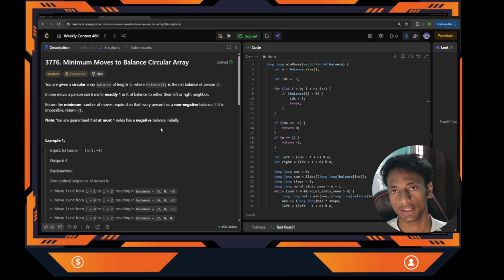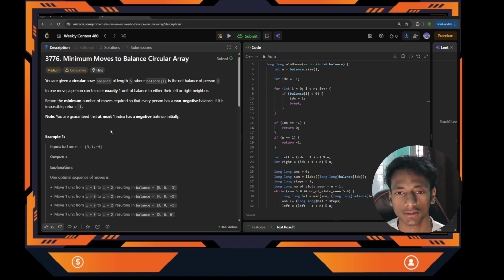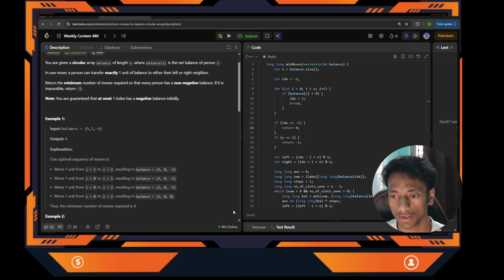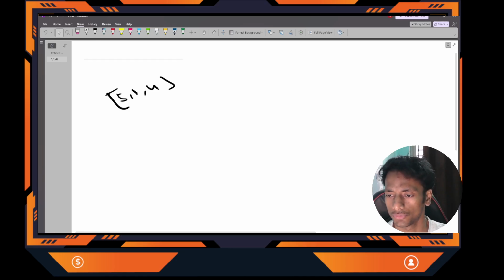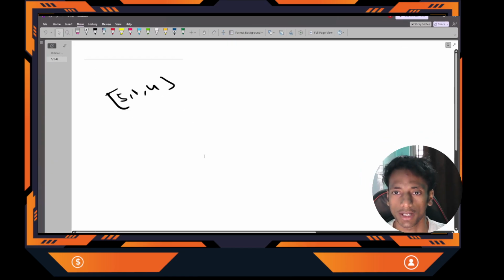Case 2 means we have only one negative balance. We have to find the minimum number of moves required so that that person has a non-negative balance. Suppose for example 1 we have 5, 1, minus 4.